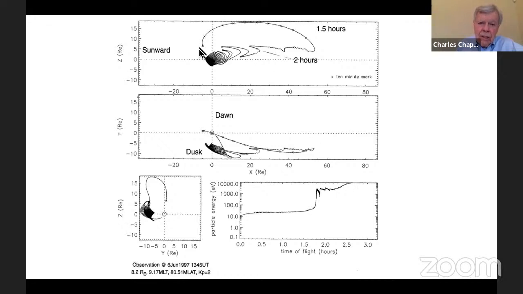So I want you to look at the timing. It's about an hour and a half to 2 hours to get out here to 50 RE. The timing from the lobe into the plasma sheet region is only tens of minutes. So if the lobe is full and the BZ of the solar wind goes southward, these particles are going to go into the plasma sheet within 10 to 20 minutes.